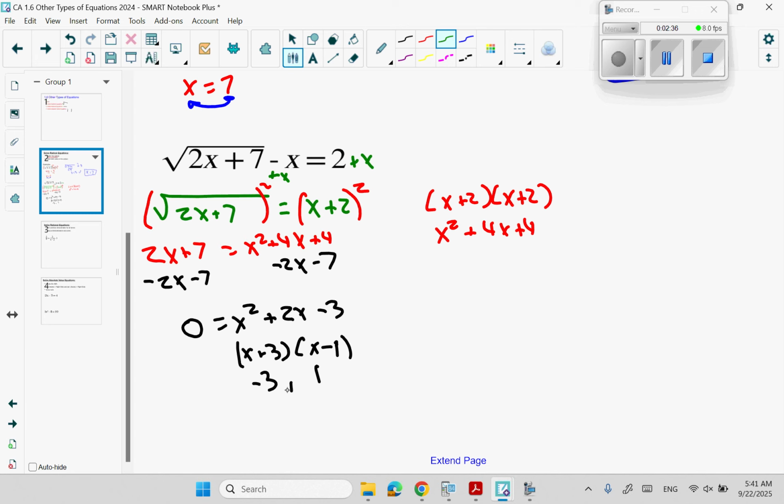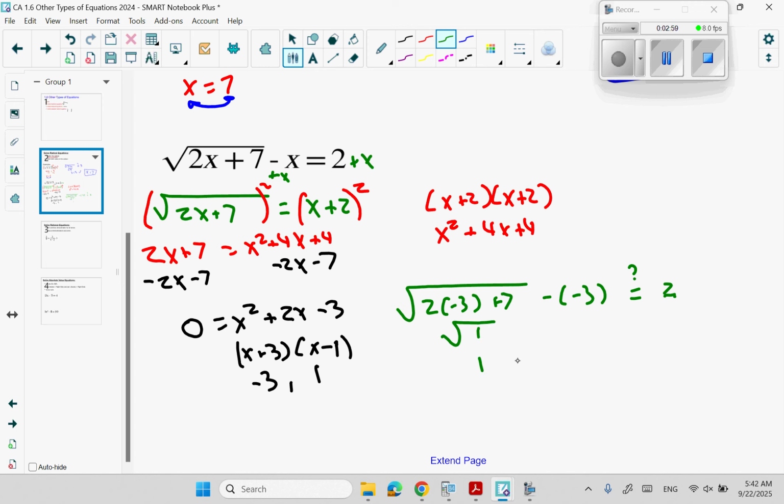So let's test negative 3 in our original equation. The square root of 2 times negative 3 plus 7, minus negative 3, does it equal 2? Well, 2 times negative 3 is negative 6, plus 7 is the square root of 1, which gives me 1.